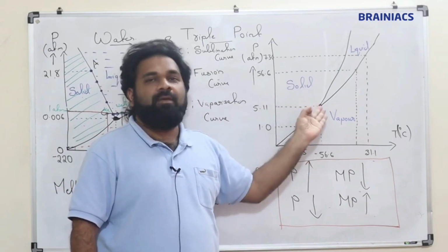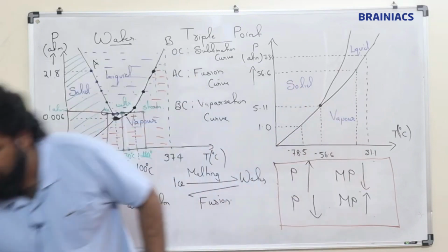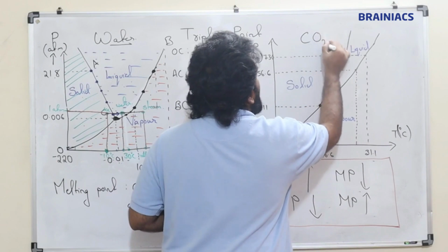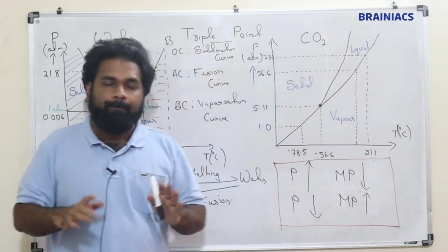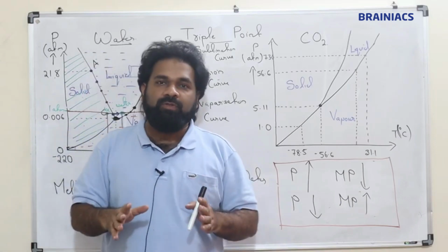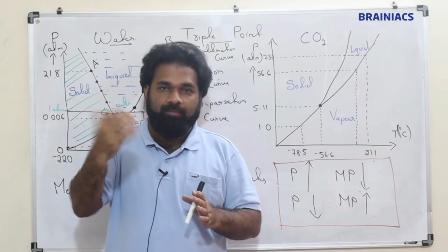Here the curve is different, but the analysis we must do in the same way. This is given in the book, and this is of carbon dioxide. If they give any figure, this is the triple point diagram of so and so, you should know how to tell the behavior of the thing.